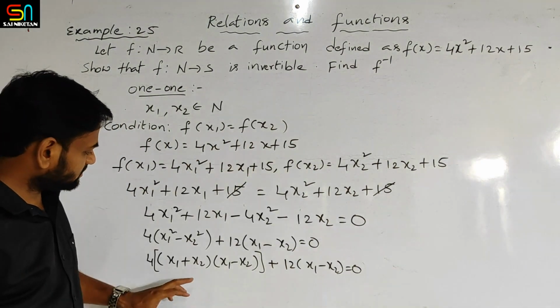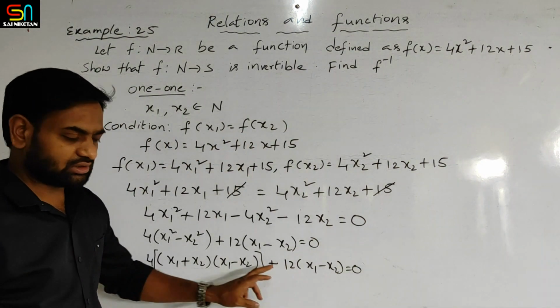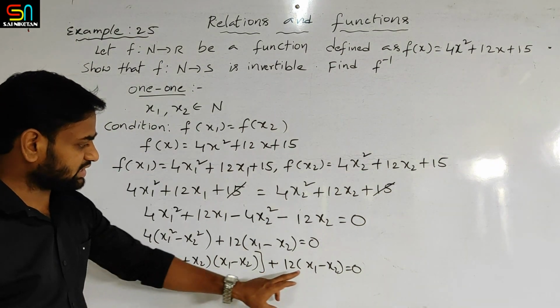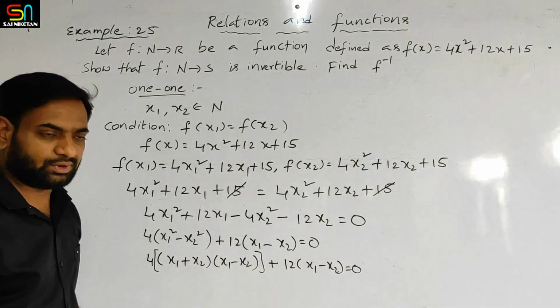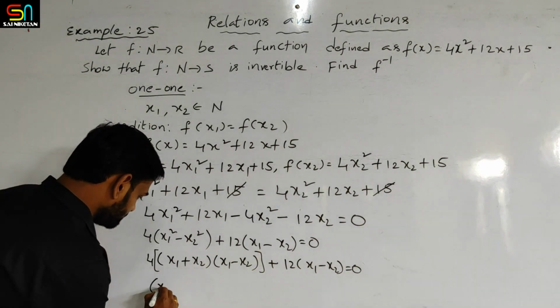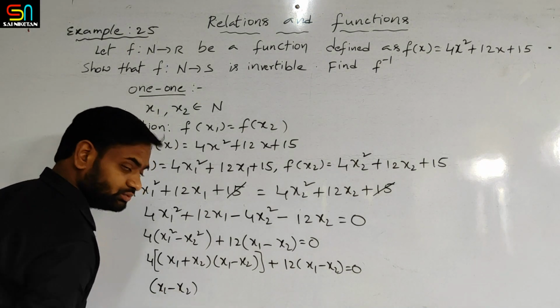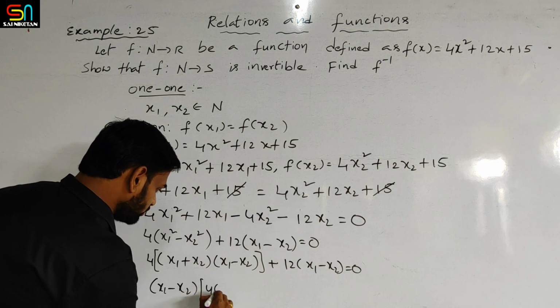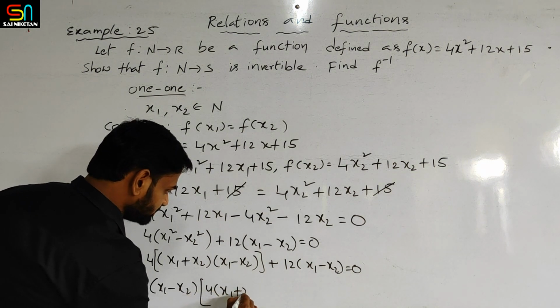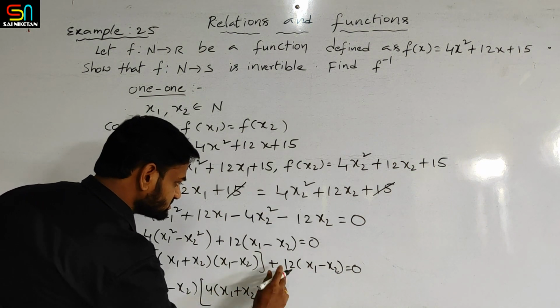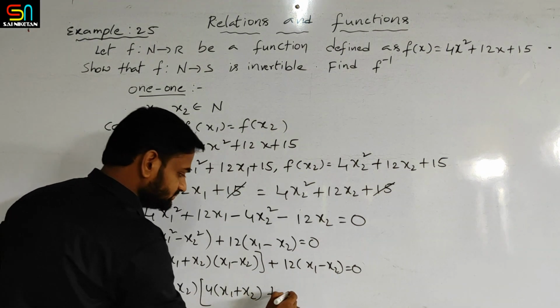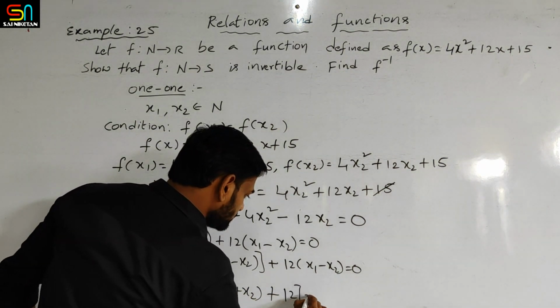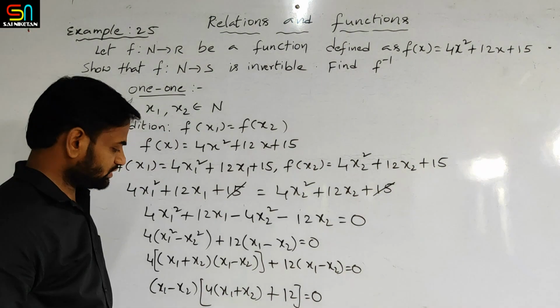Now again, in both the terms, the common thing is x1 minus x2. I am taking it common here. Now remaining is 4 into x1 plus x2 plus 12, which is equal to 0.